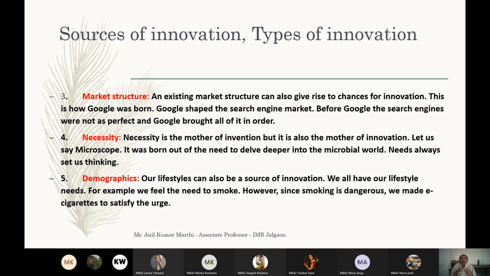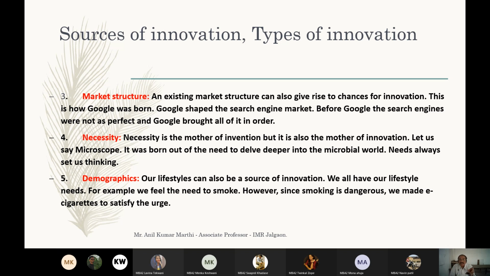Before Google, the search engines were not as perfect, and Google brought all of it in order. Okay. So if you look at the market structure, here we are talking about Google. You can think about any other product also or a service also.